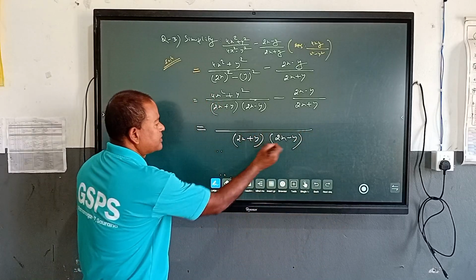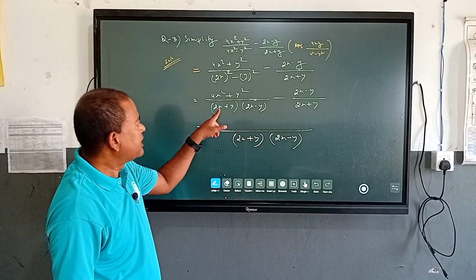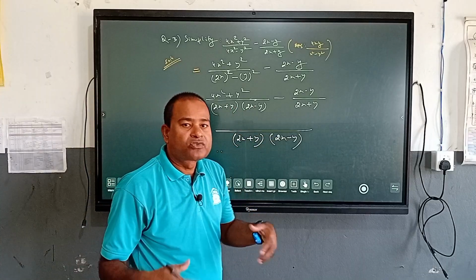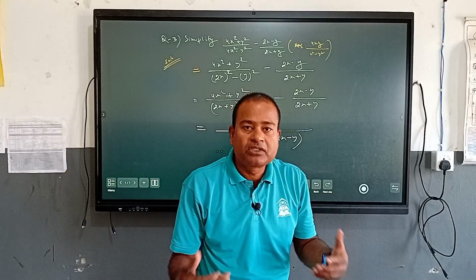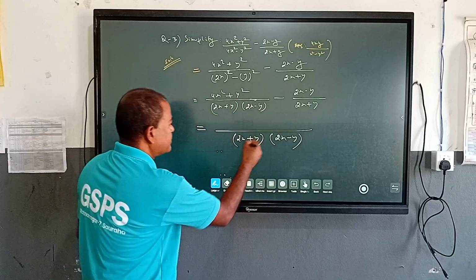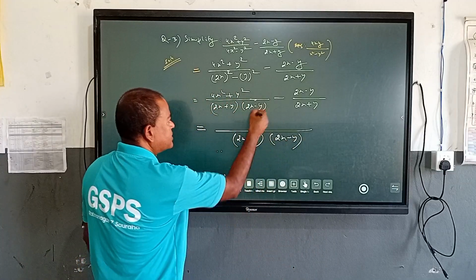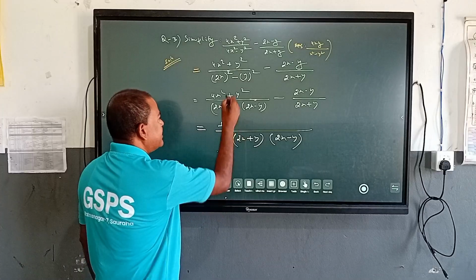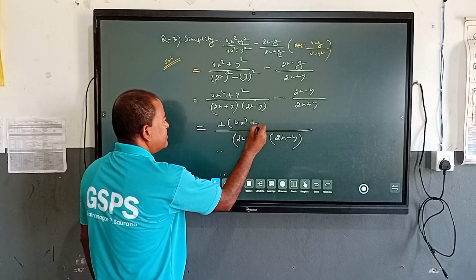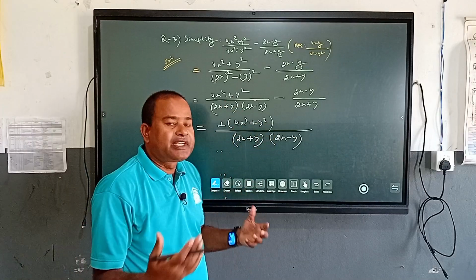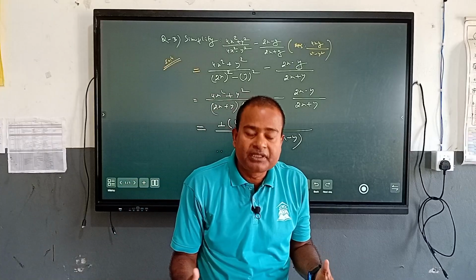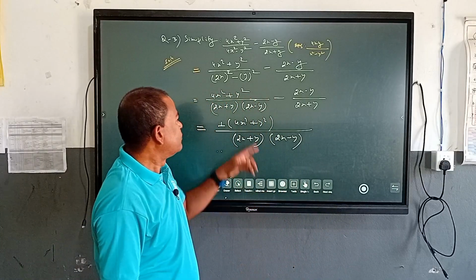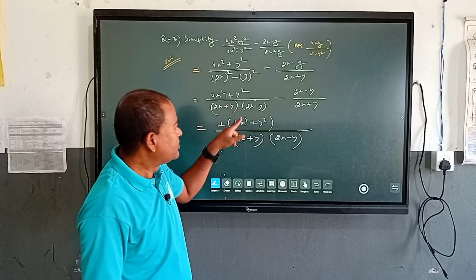If we divide (2x + y)(2x − y) by (2x + y)(2x − y), they are the same, so they will cancel and we get the quotient 1. So 1 times (4x² + y²). After dividing the LCM by the denominator, we get the quotient, and the quotient we have to multiply with the numerator.